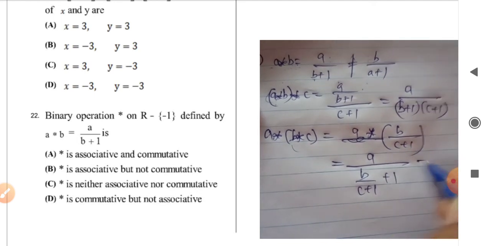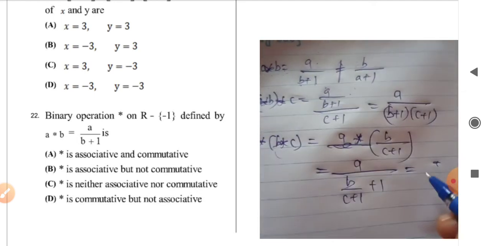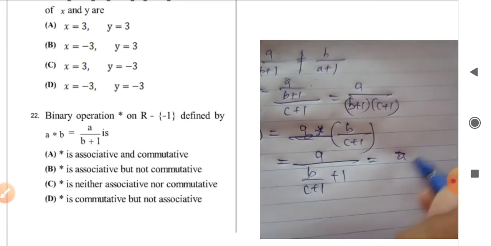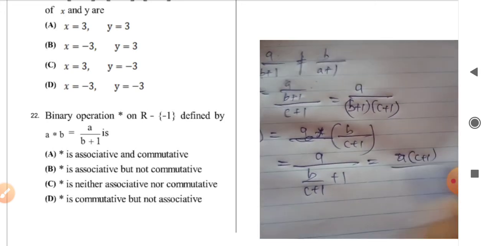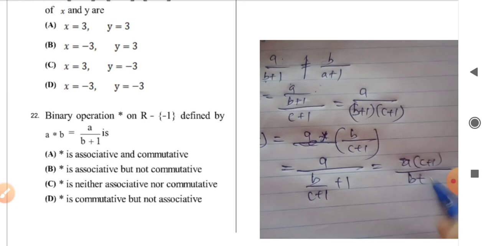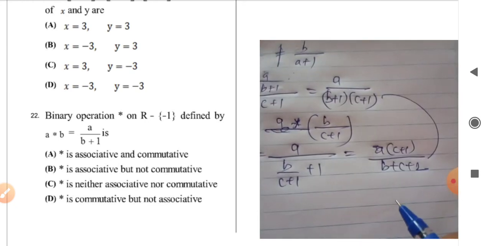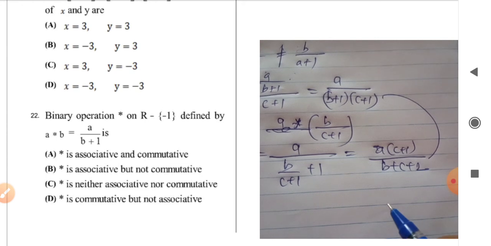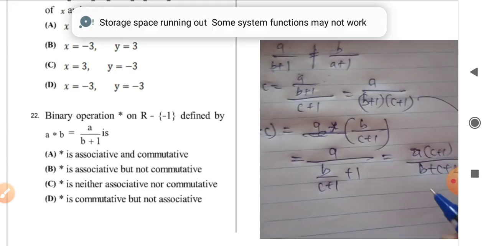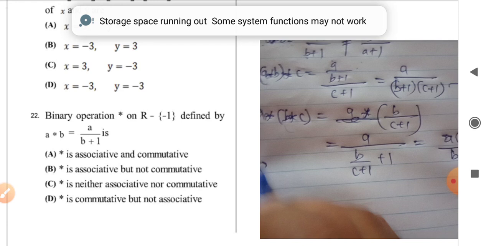Now what is the answer you are getting here? This is a into c plus 1 divided by b plus c plus 2. So these two are not equal, hence obviously it cannot be associative. So the answer for this question is 3.